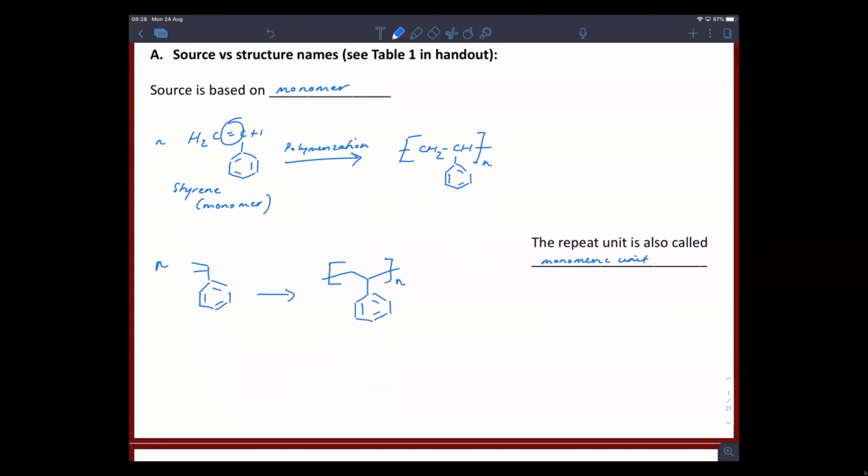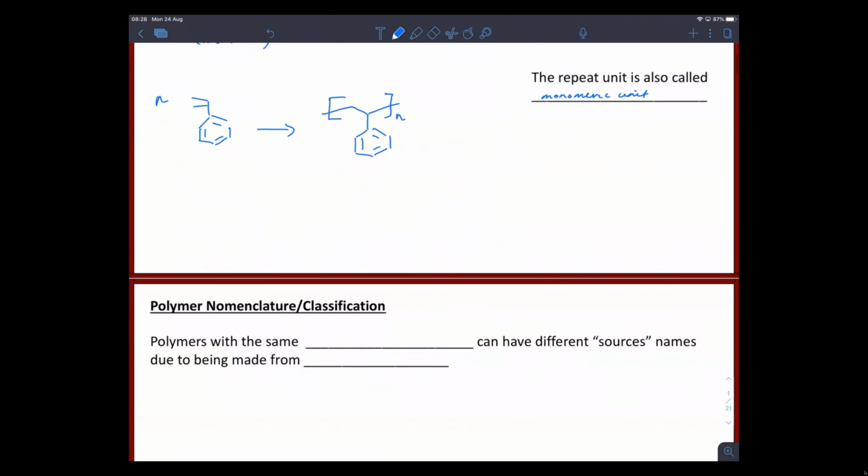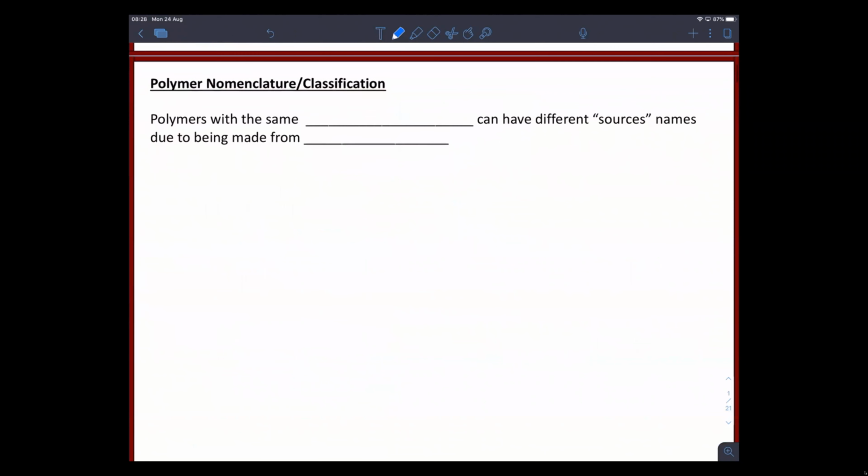Now, the interesting thing is that polymers that are made from the same repeat unit structure can have different source names due to them being from different sources.